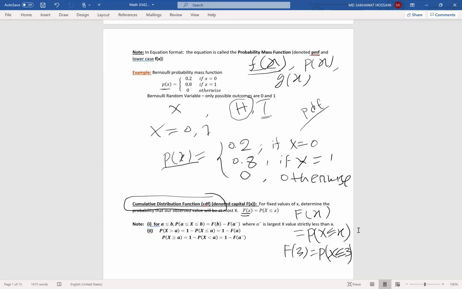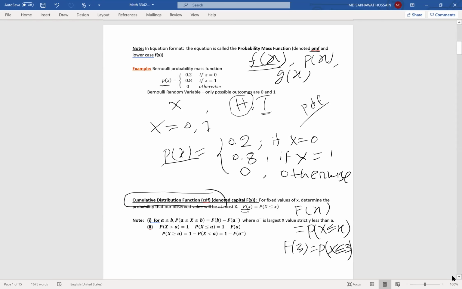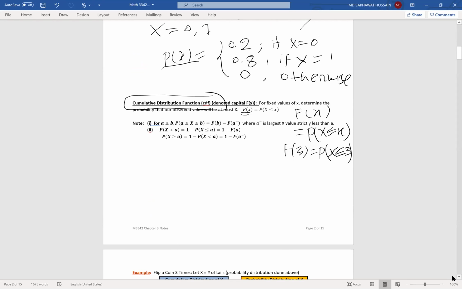So now I will discuss some notations here, and you should know all of this. In number 1, if a is less than or equal to b, and we have just two numbers a and b, then the probability of a less than or equal to X less than or equal to b you can calculate by using the CDF function.